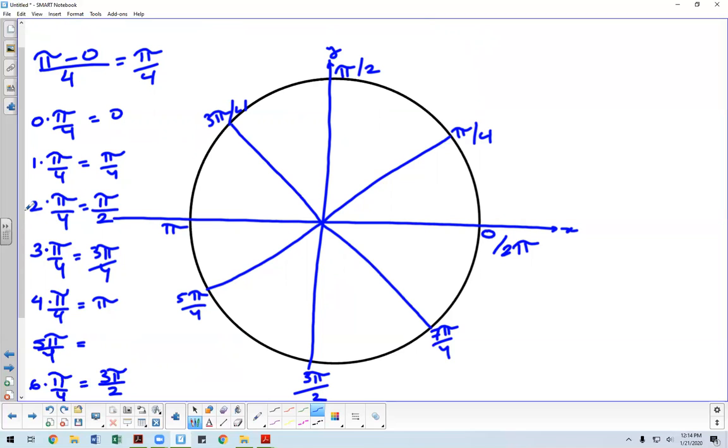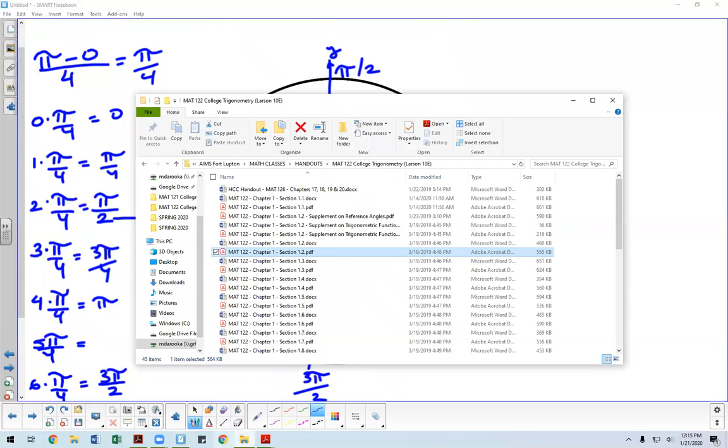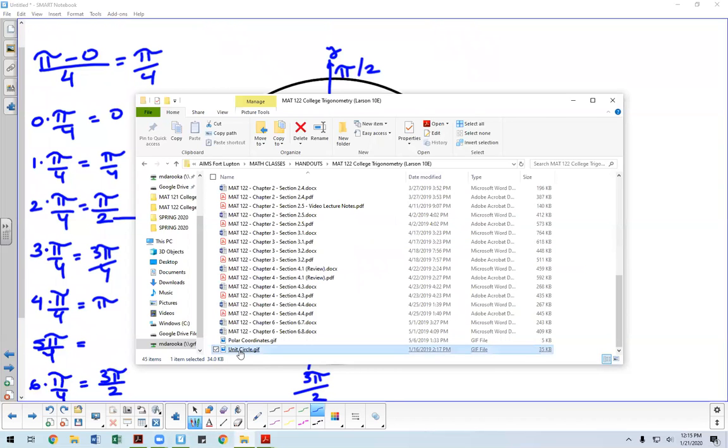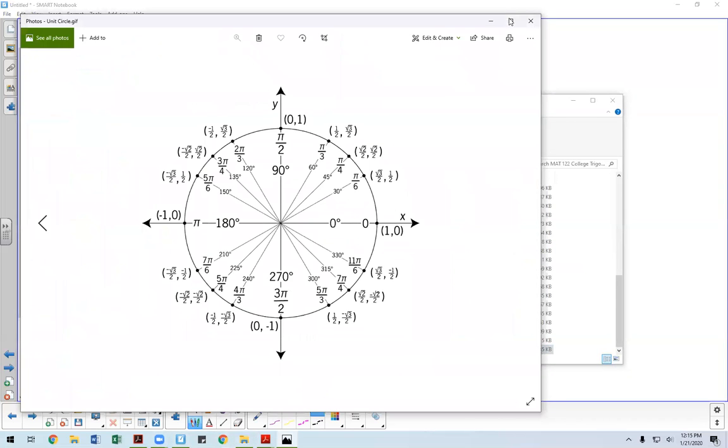Because you're going to be breaking half your circle into 6 equal parts, which would follow the same idea. I think they also do this for 6 equal parts, so you will see a denominator of 3. So if we actually go and look at our unit circle, which was a copy I gave you guys last time.